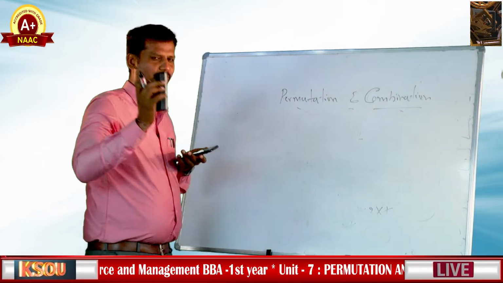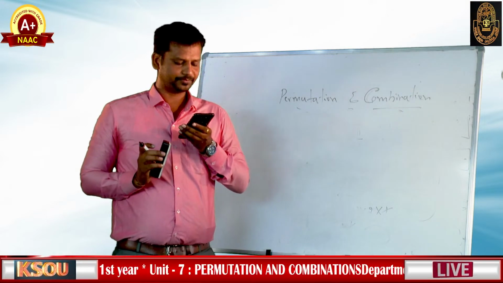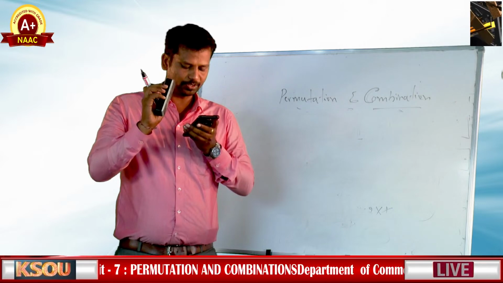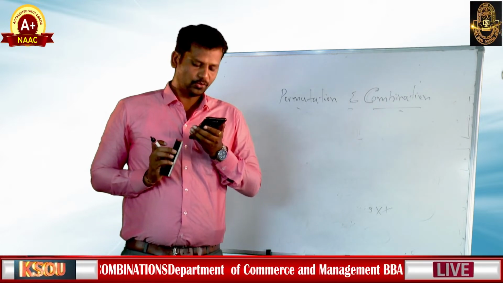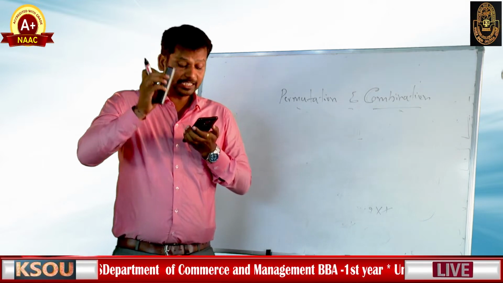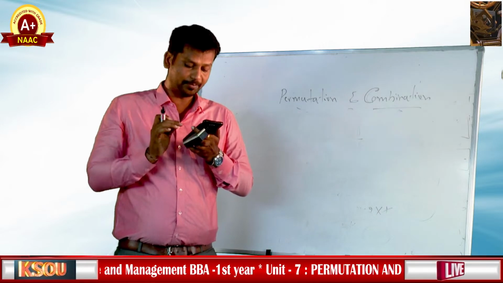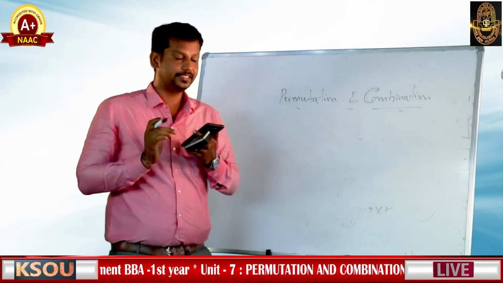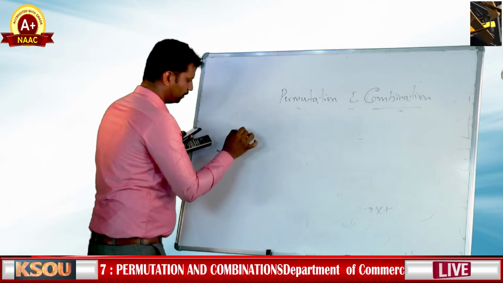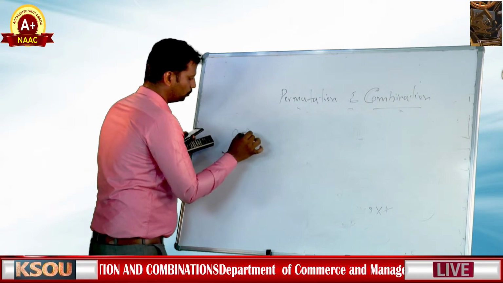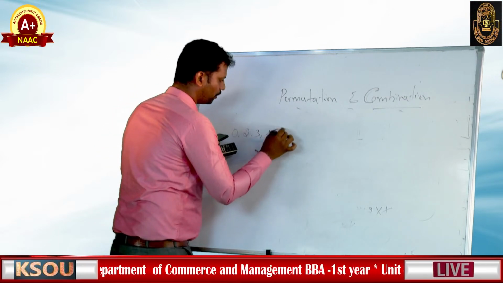Okay, another very important and interesting question. Listen carefully. Question number 5 in your study materials: in how many ways can a 4 digit number divisible by 5 be formed out of the digits 0, 2, 3, 4, 5?